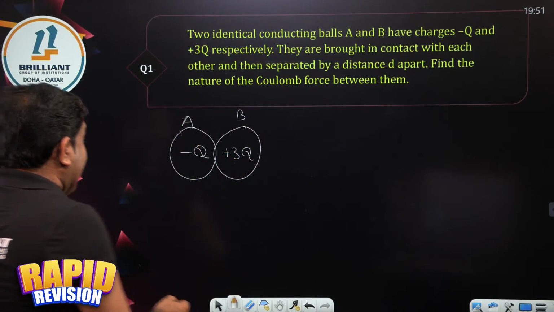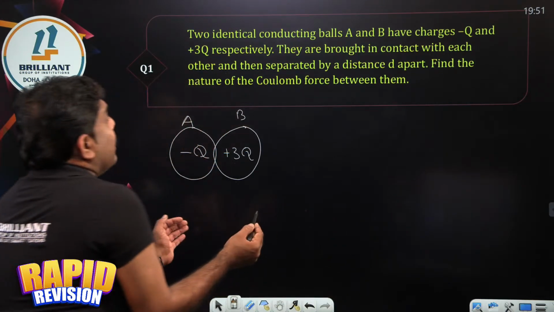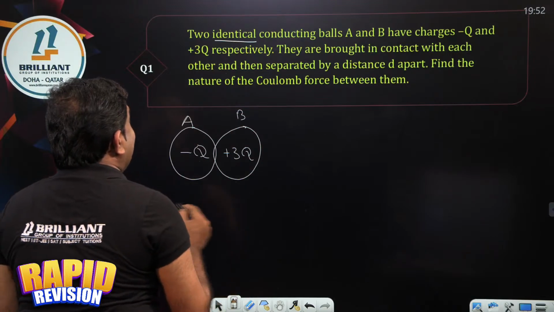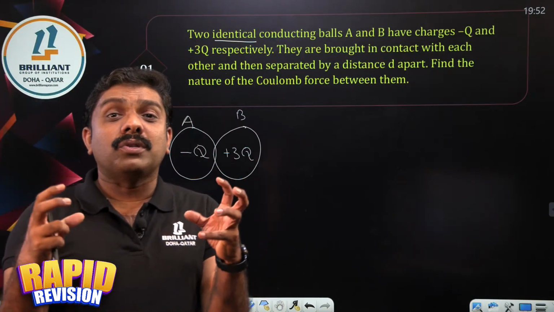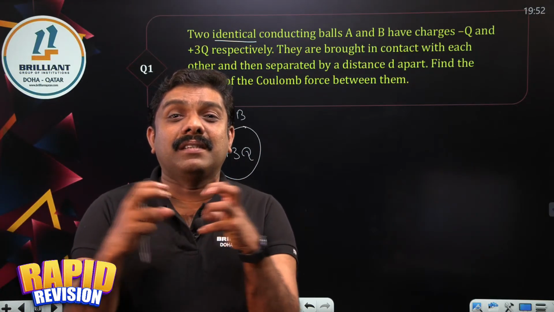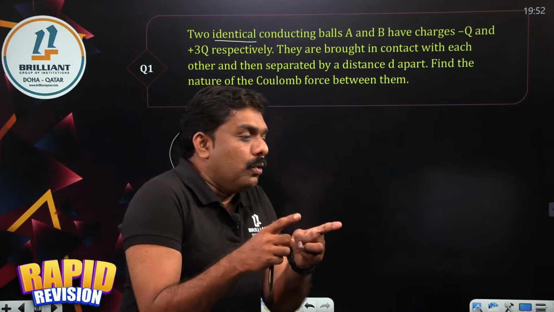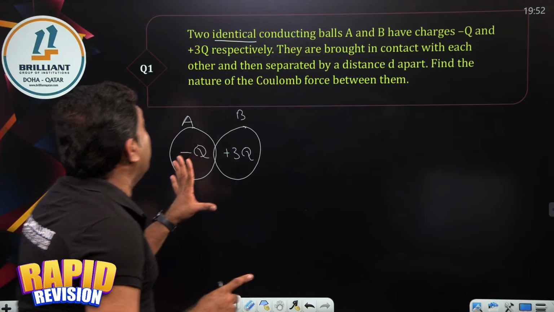Now these spheres are identical and placed in contact. We know when two identical charged bodies are placed in contact, charge flows from one to the other till both acquire the same charge.